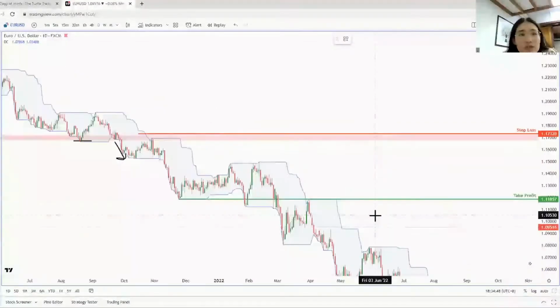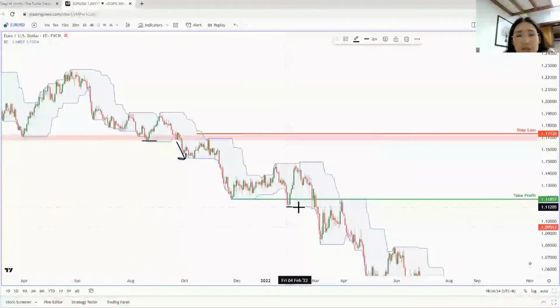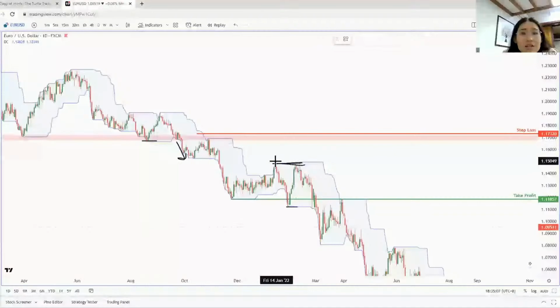So maybe another example that we can have over here would be at this take profit, where price made a lower low over here. The minute it cuts through here, they were going for a sell. But you can see price reversed all the way until here. Right? And once again, this is a significant level because price has tested this. We have multiple swing highs here.